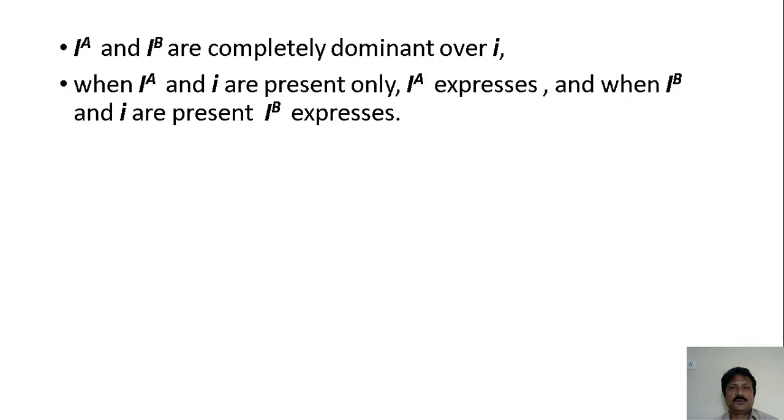So, when IA and small i are present, naturally IA will express. Whereas, when IB and small i are present, only IB will express, because small i is recessive.